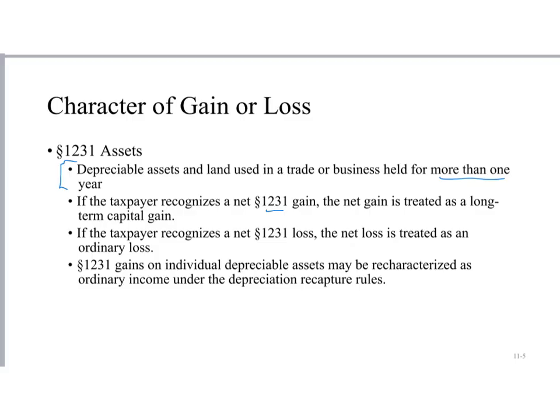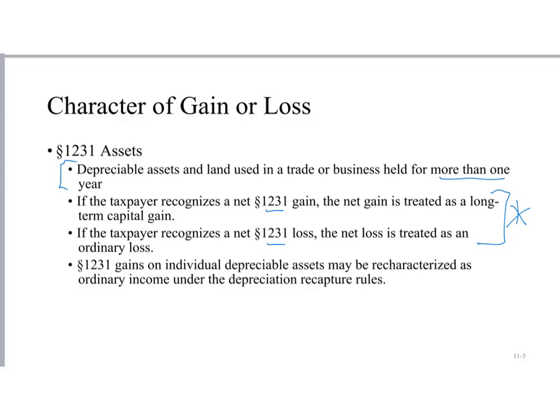If there's a 1231 loss, then that loss is treated as ordinary. So from a tax perspective, these two pieces are very beneficial to the taxpayer because your gains are taxed at preferential rates, but your losses are ordinary.